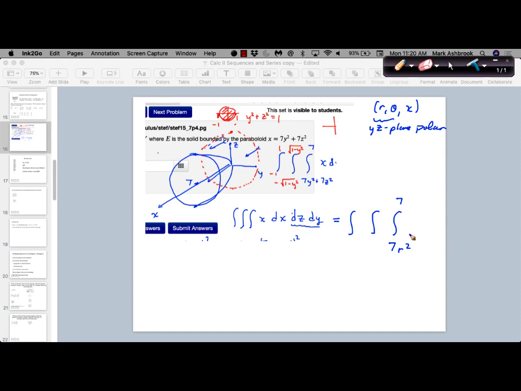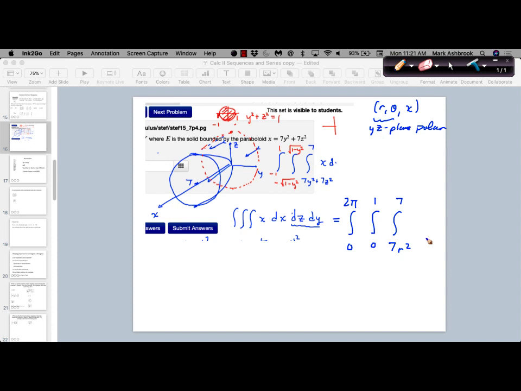And then the outside double integral is going to be the disk, which will be theta goes from 0 to 2 pi, r goes from 0 to 1. Usually we do r dr d theta. You totally can do theta first, but usually do r first.